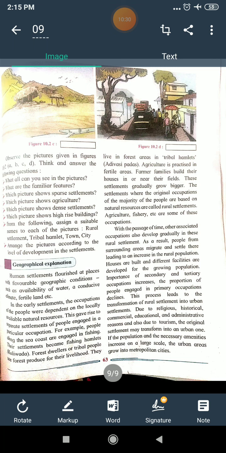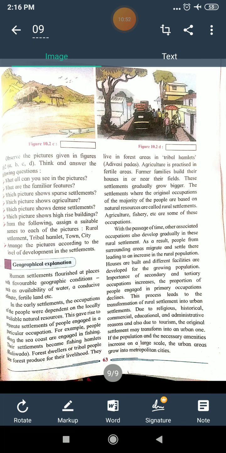Due to religious, historical, commercial, educational, and administrative reasons, and also due to tourism, the settlement may transform into an urban one. But will all rural settlements turn into urban? No. All rural settlements don't turn into urban.